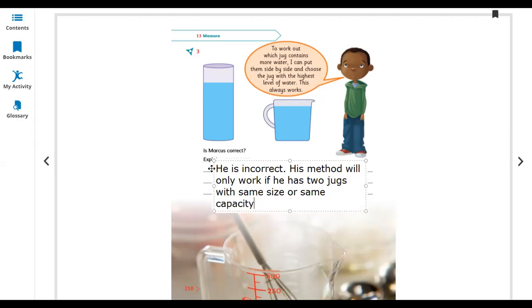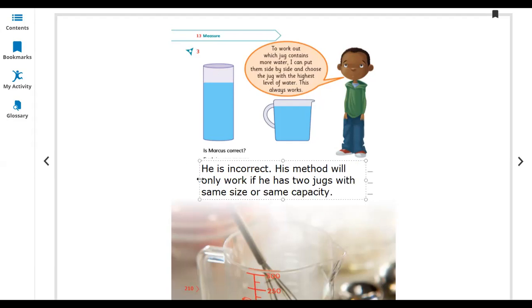Then we can say he's correct. But actually, here both jugs are not the same. So obviously there is no same capacity. It's not mentioned anything. If it's mentioned, then you can say this is 1 liter, this is 1 liter. Obviously, maybe this is 1 liter and this is less than. We cannot say he is correct. He is incorrect. So let's move to the next page.